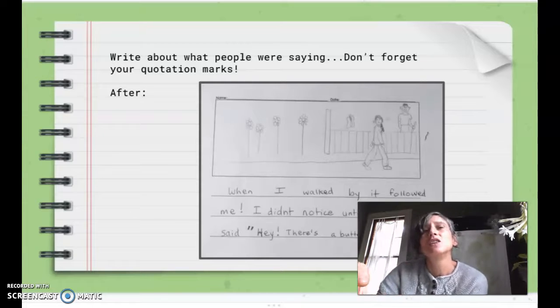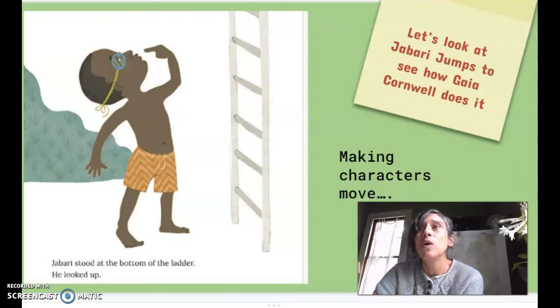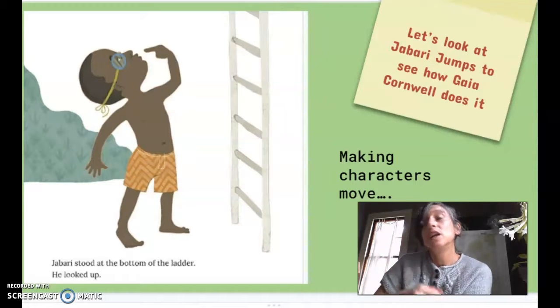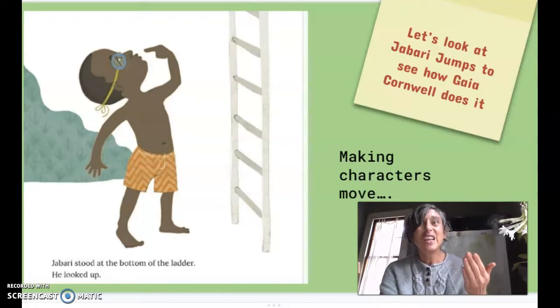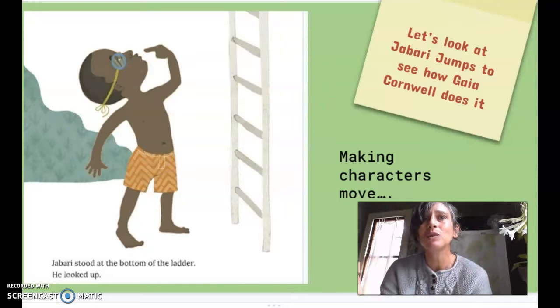Let's take a minute to look and see how Gaia Cornwall does it, right? She's the author of Jabari Jumps. So she makes her characters move for sure. Take a look at this example. Jabari stood at the bottom of the ladder. He looked up. Look, she included that nice detail about what his body was doing.